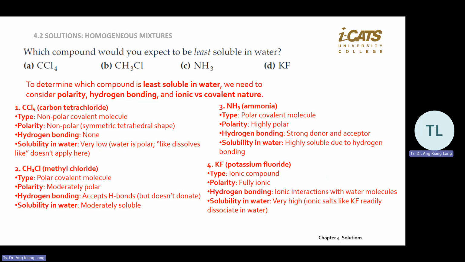Ask you least soluble. Least soluble among these four will be number 1. Okay. So in the final exam question, we'll ask you to arrange 4 elements based on the solubility from high to low or low to high. Then you need to give me the reason.